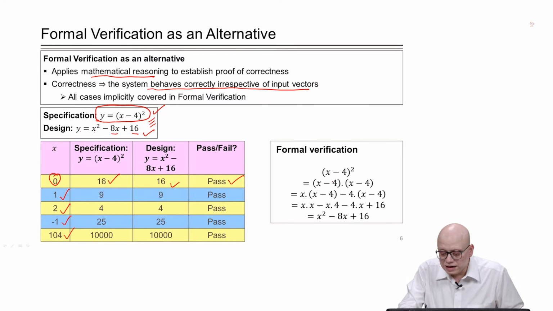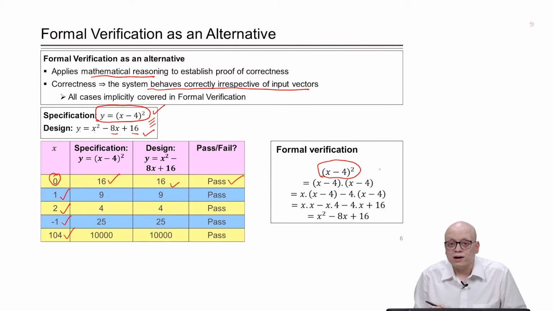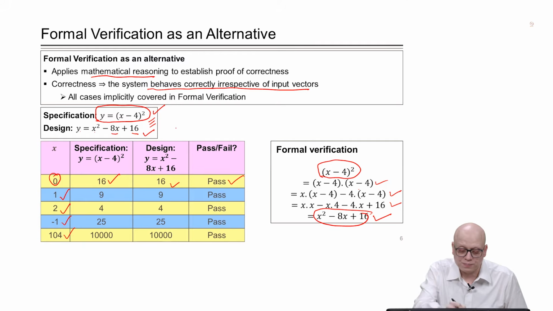For example, it will start with (x minus 4) whole square, and then using the definition of square, it will expand it as (x minus 4) into (x minus 4), and then using the distributive property and commutative property, it can come up with an intermediate representation, and finally it will come up with a representation which matches the implementation.